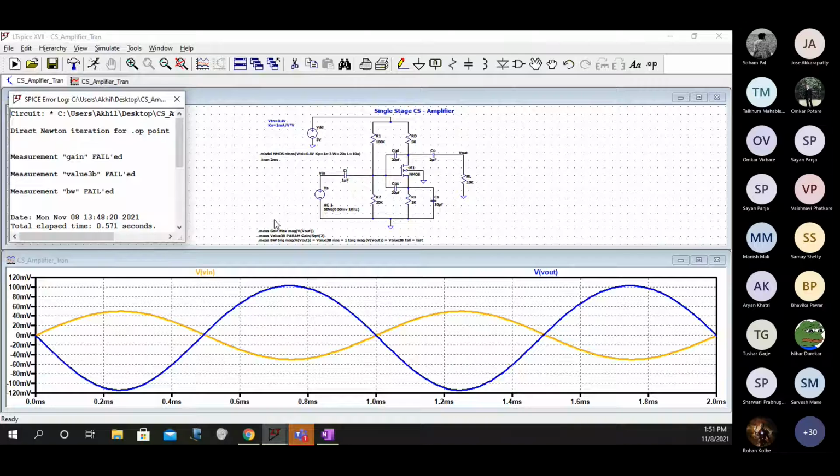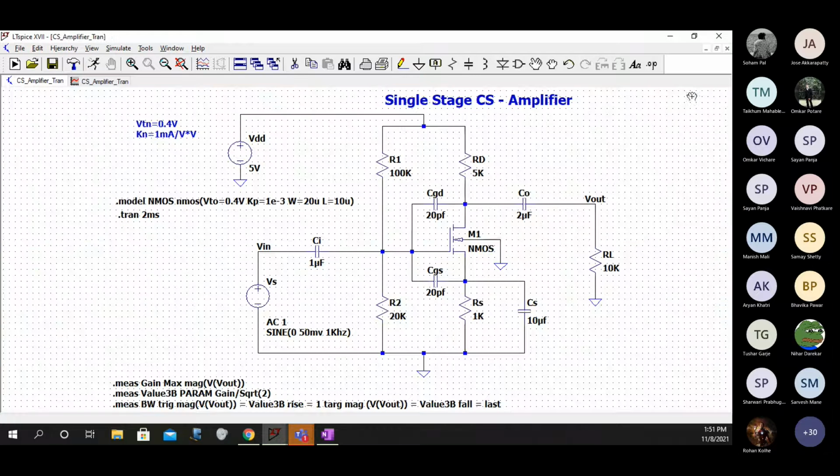Okay, so I'm good. What about the SPICE error logs? Those who want to see the circuit, it is this way.